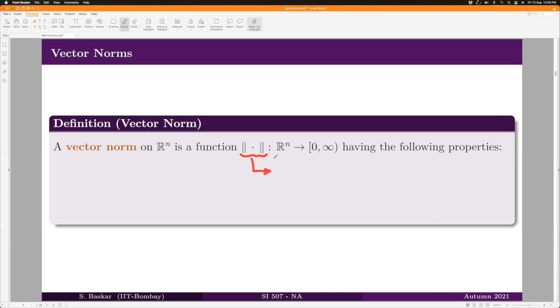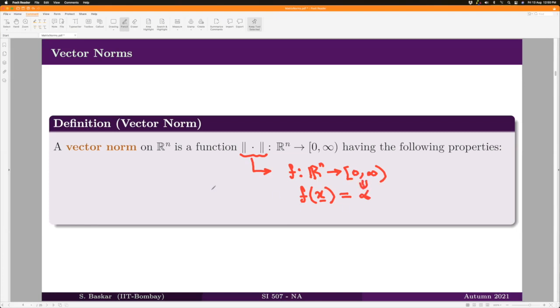You need not worry about that because it's just a notation. Generally, we write f from Rn to some set, say, let's take 0 to infinity itself. It means you take any vector from Rn and apply f on that, and that will give you some number alpha which belongs to this interval, right?